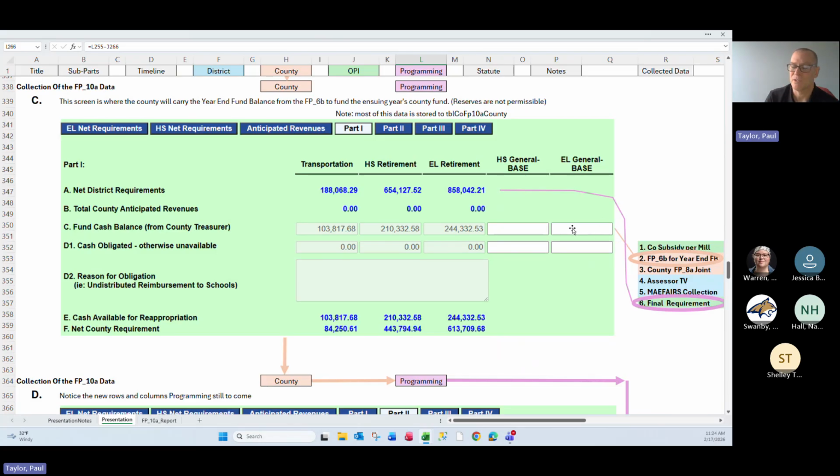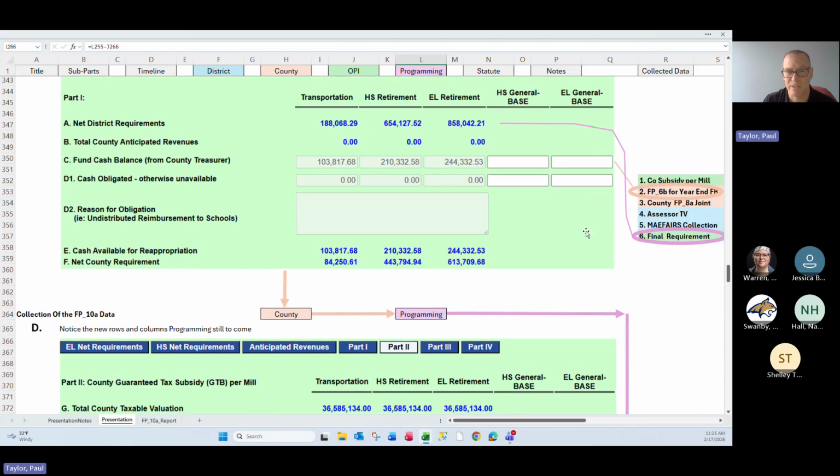And so what you do is you fill in your FP6B, you receive all your revenues, you make all your disbursements, you figure out what the fund balance is for the county level. They enter that value here. It's important to enter that value there because that number, just like anticipated non-levy revenues, is used to help support the county level requirement of the districts that got sent up to the county through the May Fairs process. So that's C. D. Moving across our tabs.